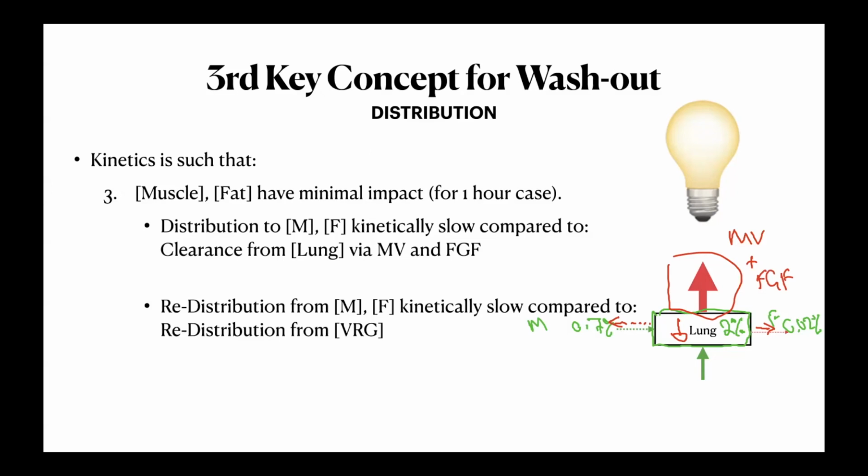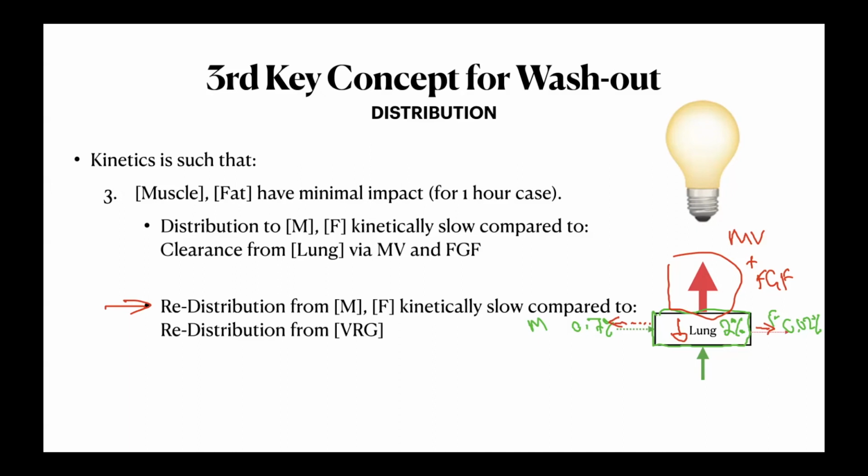Okay. So distribution to muscle and fat for a 1 hour case has minimal impact in terms of the washout or the time to awakening for most patients. Now, redistribution from muscle to fat is kinetically slow compared to redistribution from the vessel-rich group.